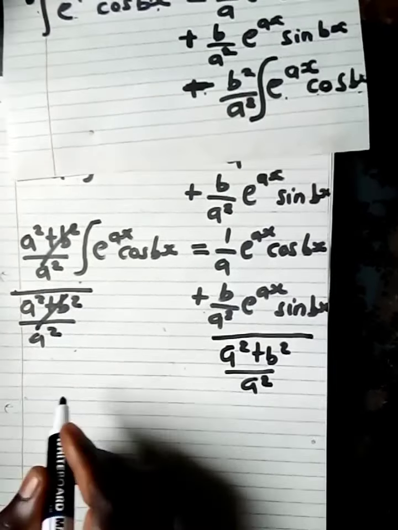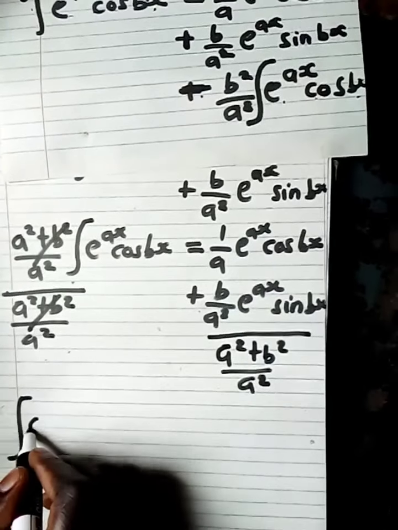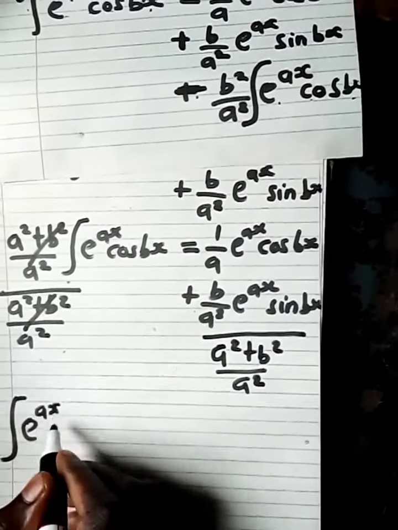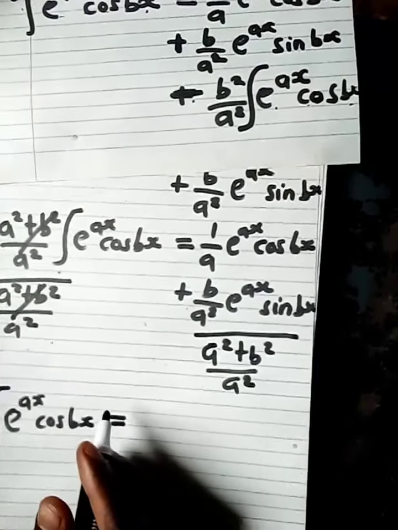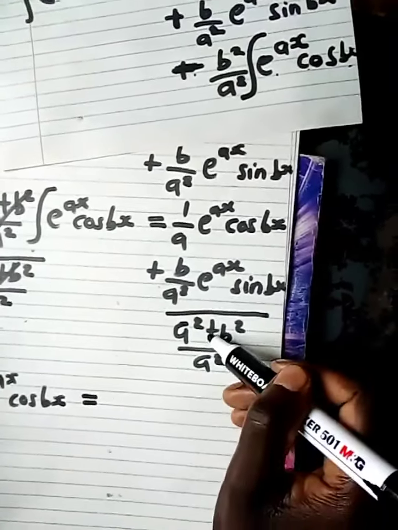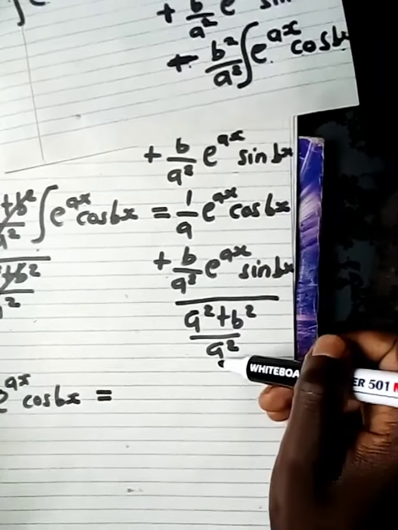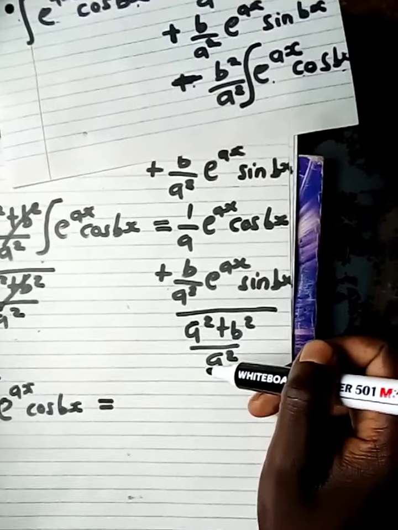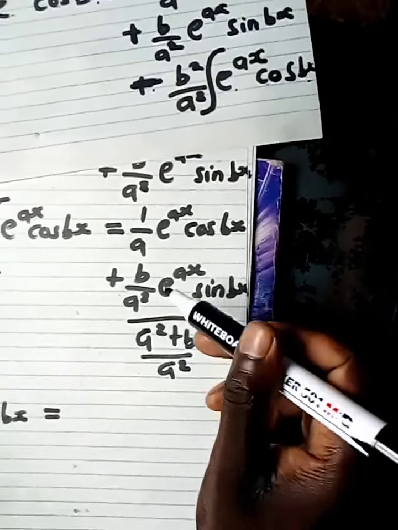So if I have that, I remain with the integral of exponential ax cos bx equal to, when I bring this one up, a squared will be up, so I'll be having a squared over a squared plus b squared, everything divided by a.